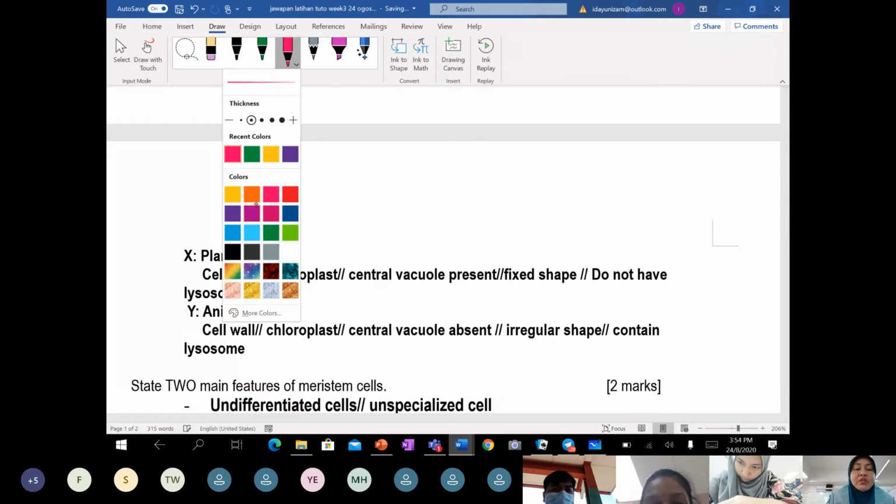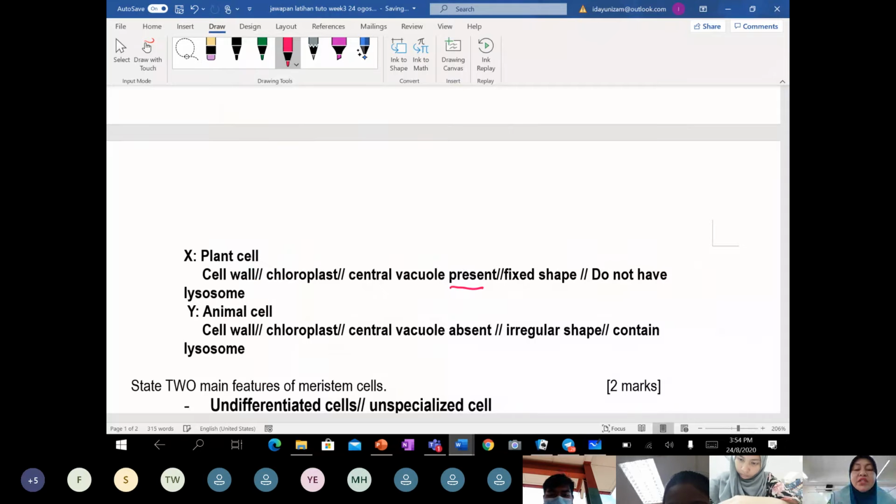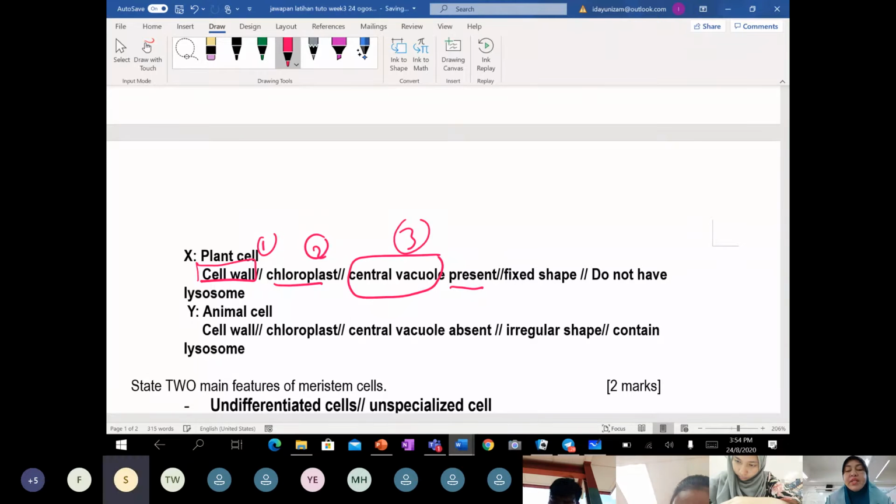Three structures. Yes, obviously, the presence of three structures: the cell wall, number 1, the chloroplast, number 2, or the central vacuole, number 3. Sometimes you can also give the answer in terms of shape, also acceptable.